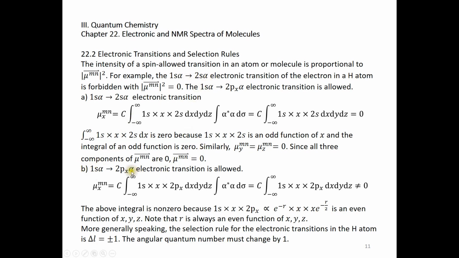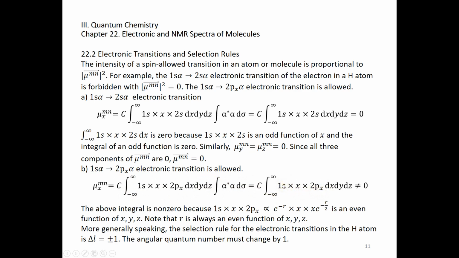Now let's look at this B from 1s alpha to 2px alpha. This electronic transition is allowed. This is because now we still look at this integral and multiply by the spin integral. The spin integral is just 1, so we focus on this spatial function. We'll plug in all the wave functions over here and here.